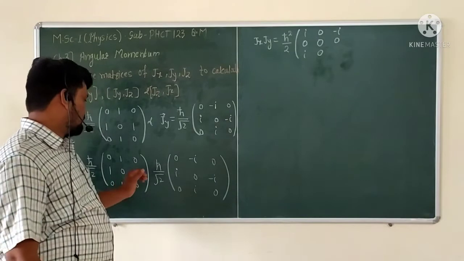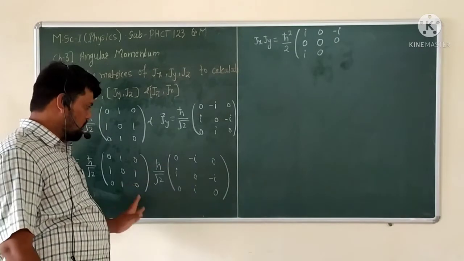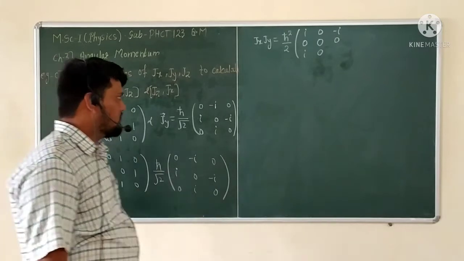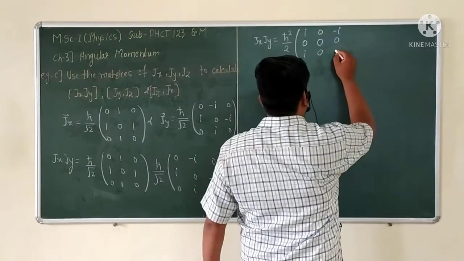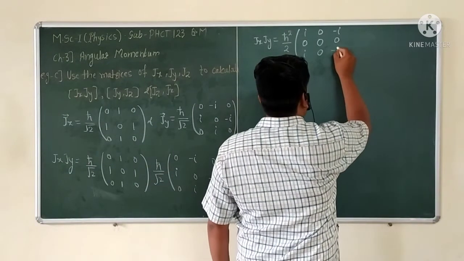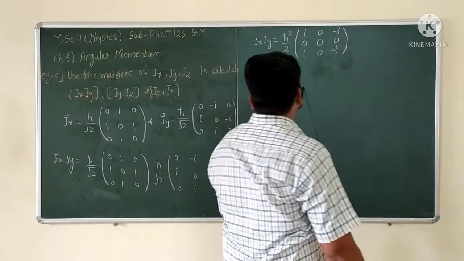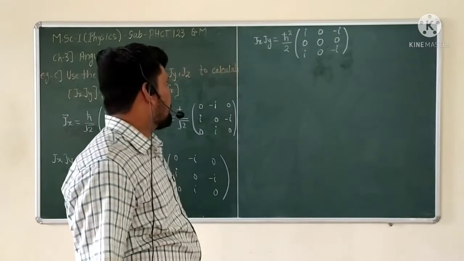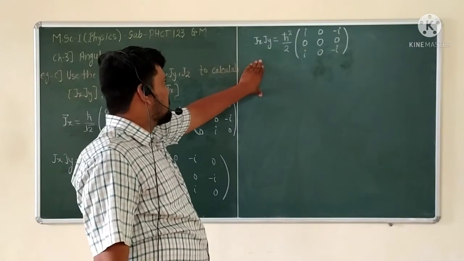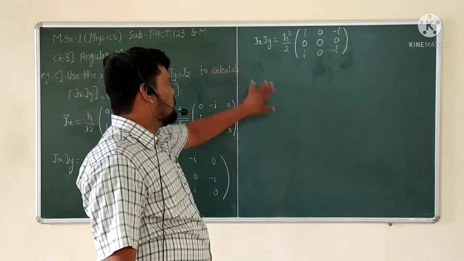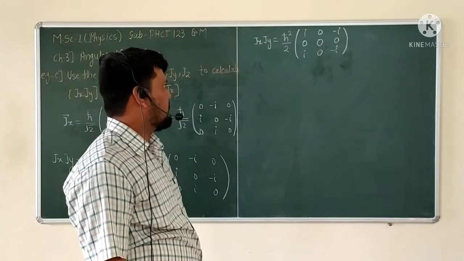Third row, third column: 0 multiplied by 0 is 0, plus 1 multiplied by minus I is minus I, so this is minus I. So Jx Jy is h cross square by 2 times the matrix I, 0, minus I, 0, 0, 0, I, 0, minus I.